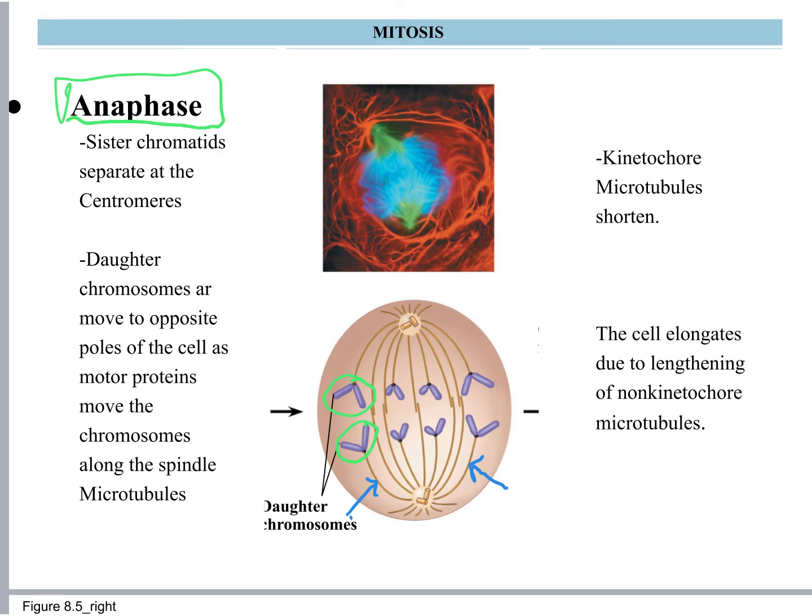Another thing to keep your eye on is that the cell is elongating. And some of these microtubules right here that are not connected to the kinetochores at the chromosomes, they're pushing the two poles away from one another. Because ultimately our goal here is to split that cell in half. So the cell's getting a little bit longer.